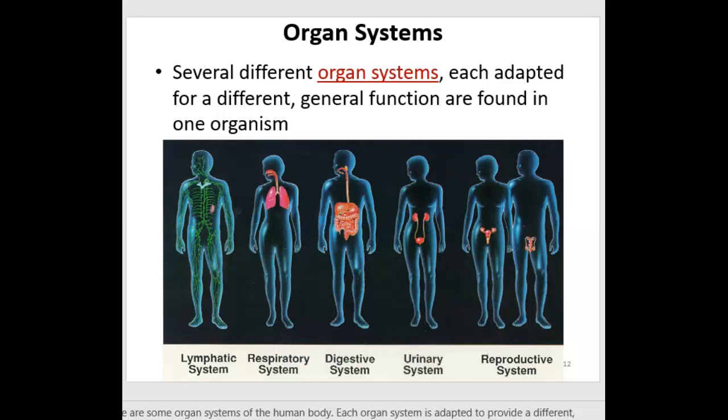And each organ system is adapted to provide a different general function for the body. Everything from obtaining oxygen and getting rid of CO2, which is what the respiratory system does, to eliminating urine, which is what the urinary system does. So each organ system has a special function.